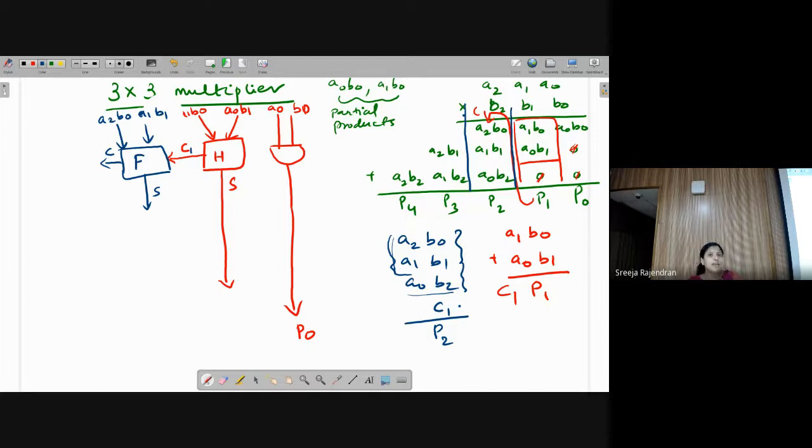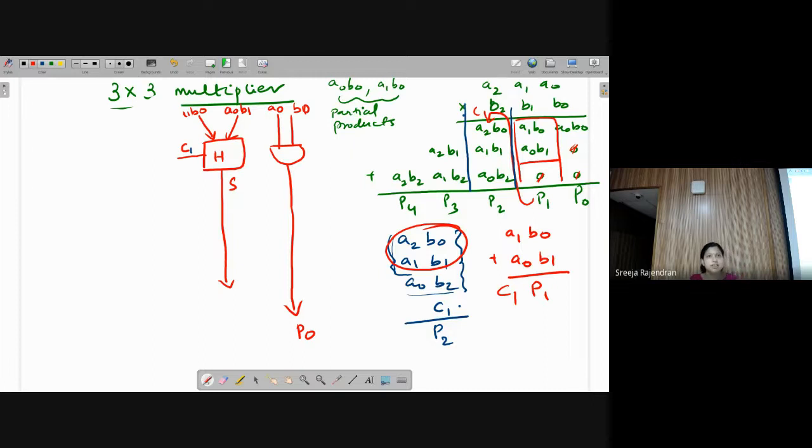Okay. And so I am not going to use a full adder here because if I'm going to add without the carry, I have only two inputs that I'm considering, right? Which two inputs? These two. I'm not taking C1 now. C1 has to be added in this column, but it can be added later also.